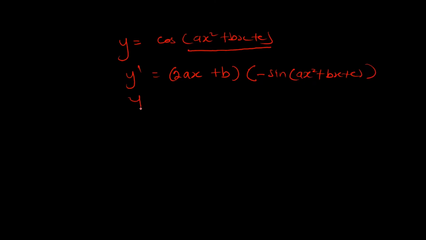So at the end of the day, y prime is going to be negative 2ax plus b, multiplying sine of ax squared plus bx plus c. So that is that. So in differentiating trig functions, you have to first differentiate the angle. Then you multiply the derivative of the angle by the derivative of the trig function.